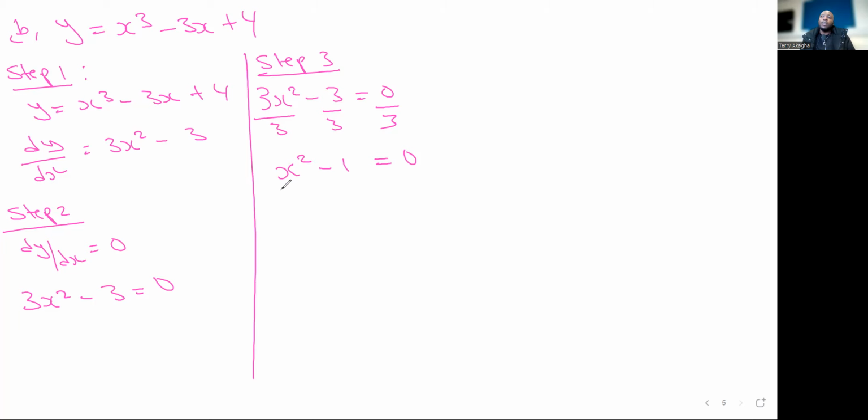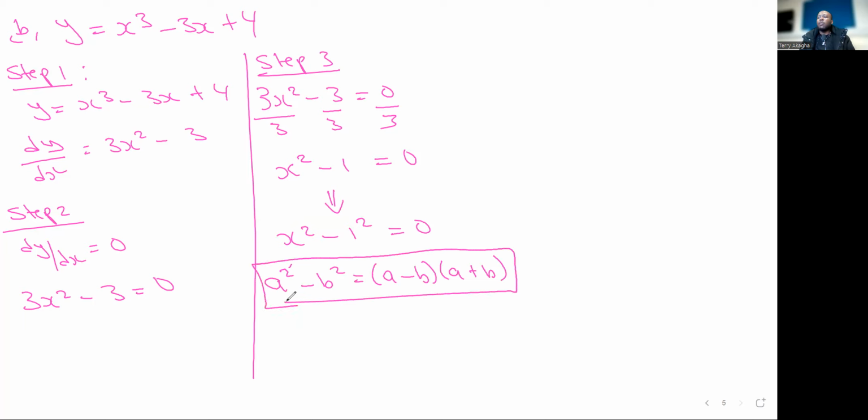So for this one, it's a classical example of difference of two squares because I can rewrite this as x squared minus 1 squared is equal to 0. And I told you for difference of two squares that a squared minus b squared is equal to (a minus b)(a plus b), okay? So if you've not reviewed my video on the quadratic equation, please go back and review it.